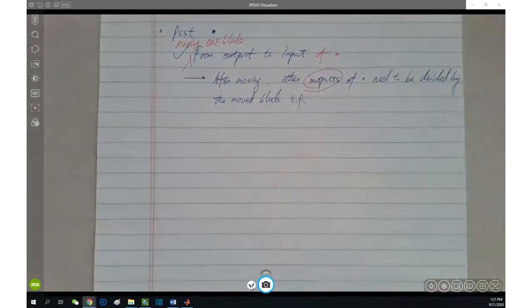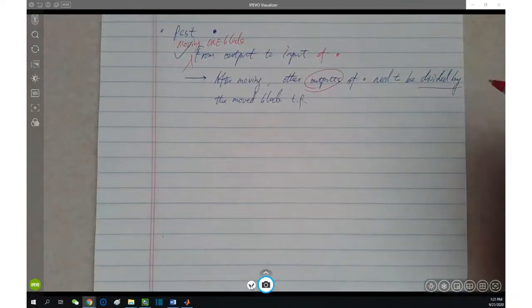Not inputs, but outputs of the pickup point. Not multiplied by, but divided by.